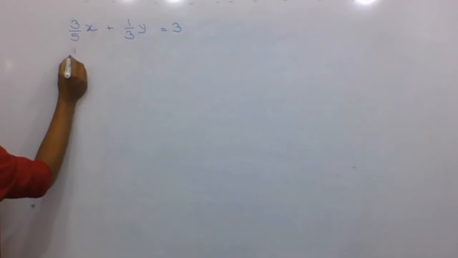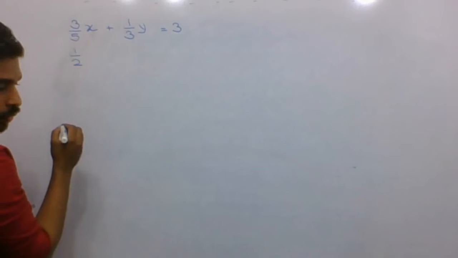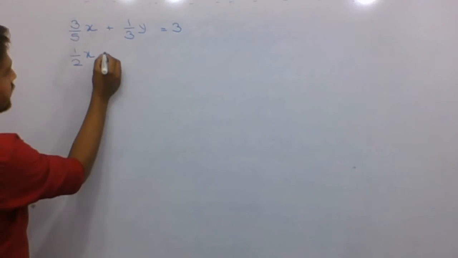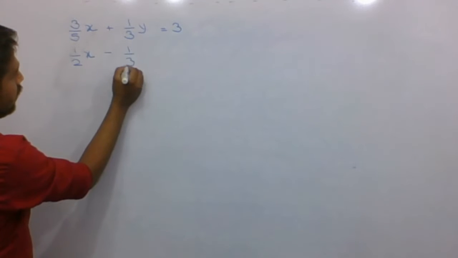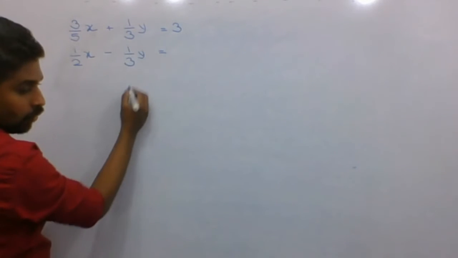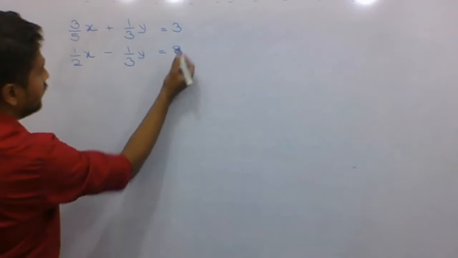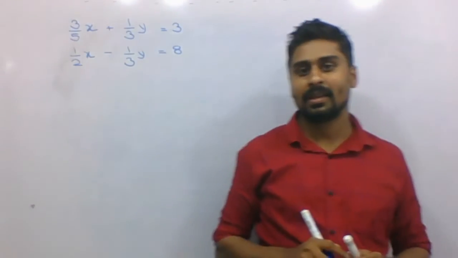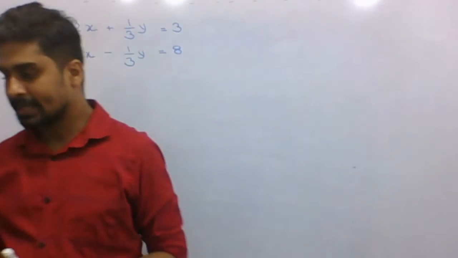Here 1 over 2x minus 1 over 3y equal 8. Right? Try to do this question. Okay, let's discuss it.